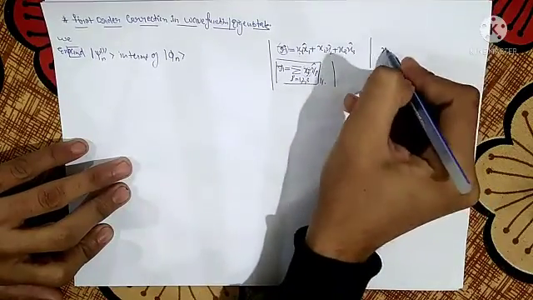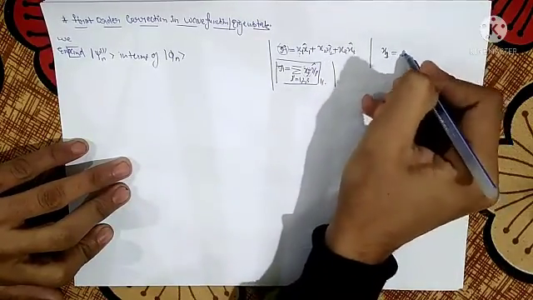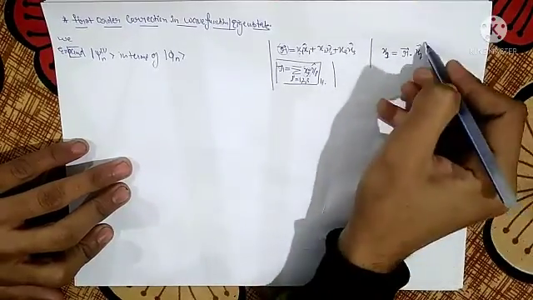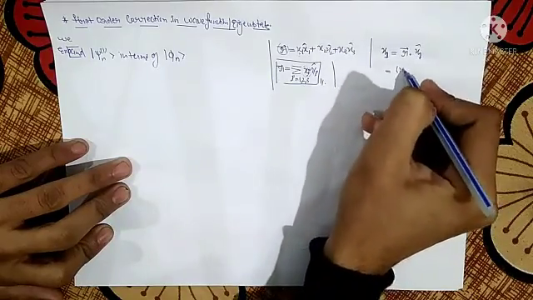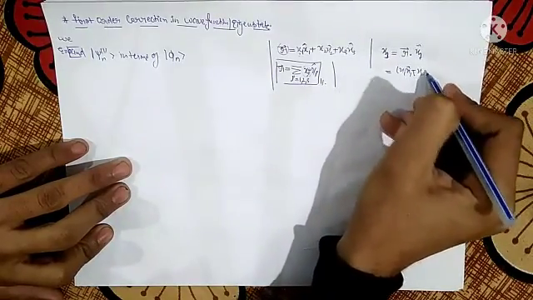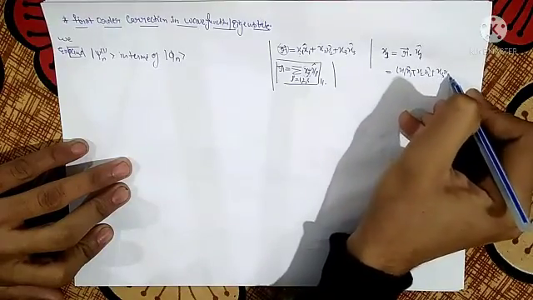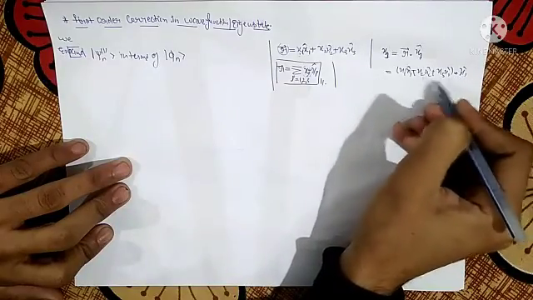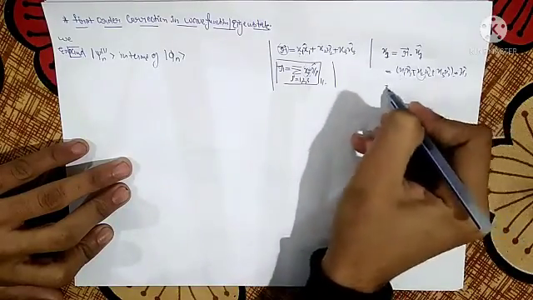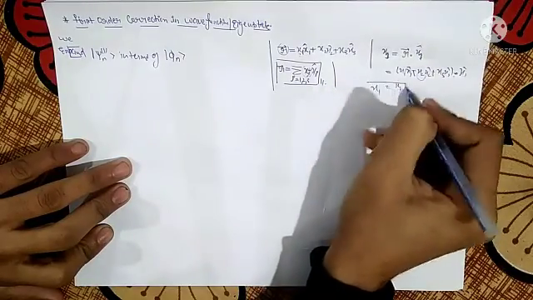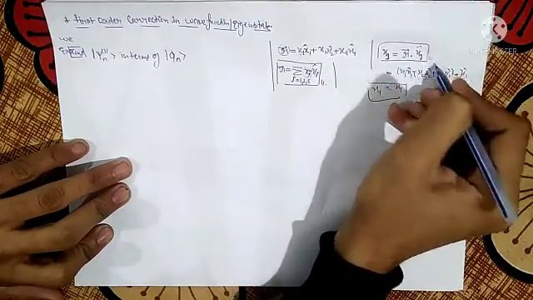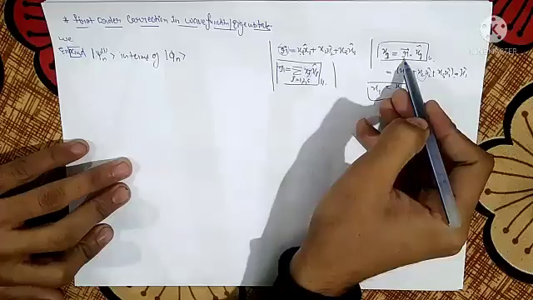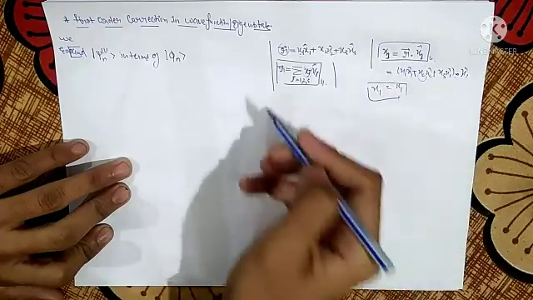So for example, how you can calculate x1, you can take the dot product of the vector with x1 cap, which will give you x1 x1 cap plus x2 x2 cap plus x3 x3 cap dot x1 cap, and when you take the dot product with this, these two terms will be 0 and they will be just x1. So this way you can calculate the component of a vector by taking the dot product of that vector with the unit vector along that particular direction.